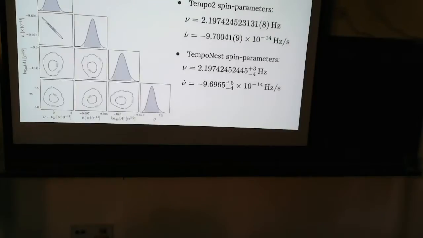They represent the posterior samples for those two particular parameters being compared, as well as graphically representing the amount of correlation that exists between them. So for instance, I might just use my mouse for this. You can see that the spin and the spin down of the pulsar are extremely correlated with one another.